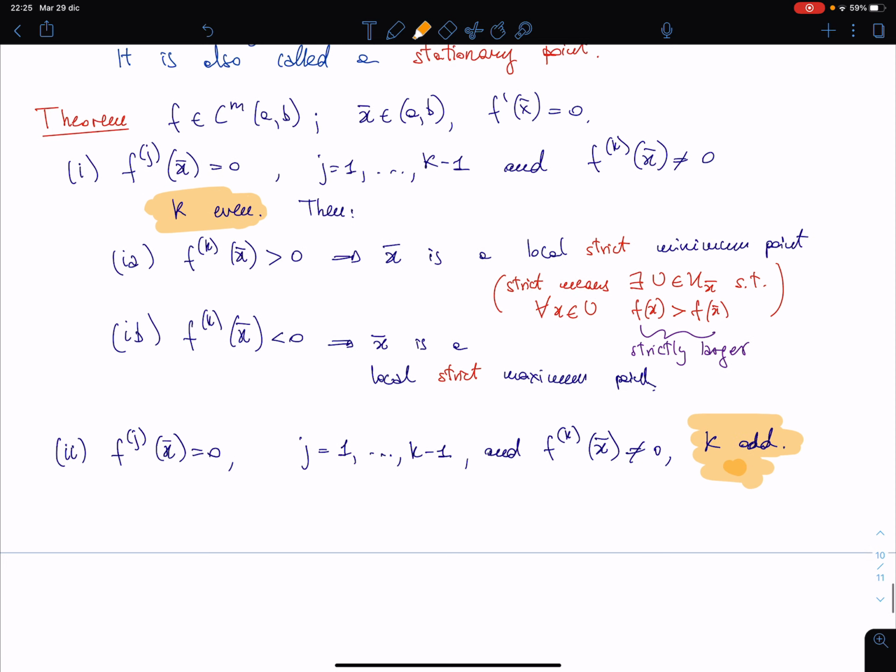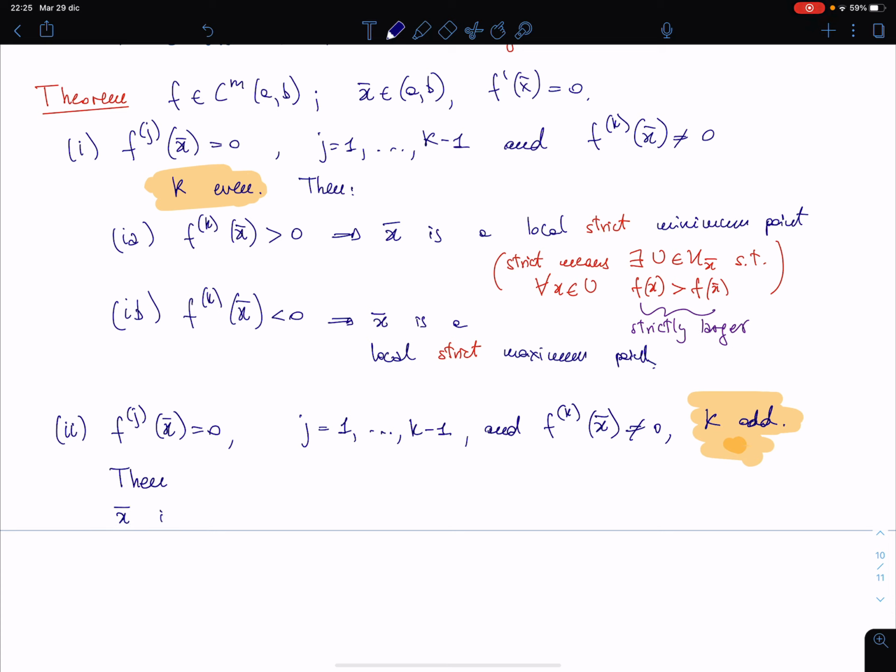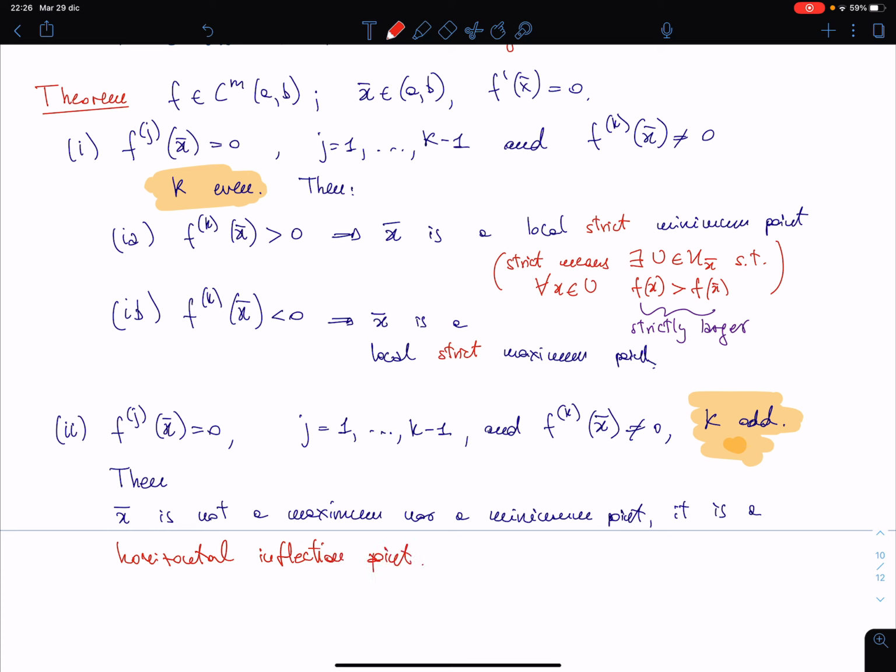Then x bar is not a maximum nor a minimum point. It is a horizontal inflection point.